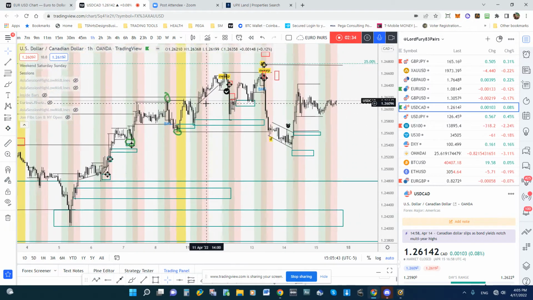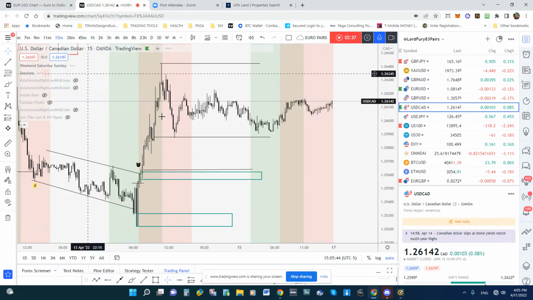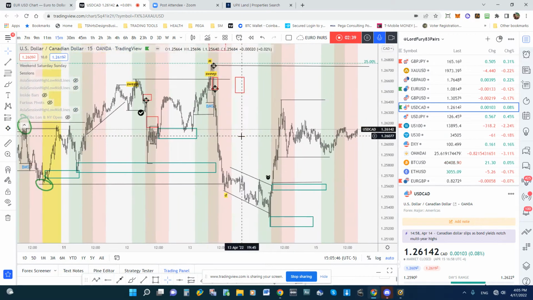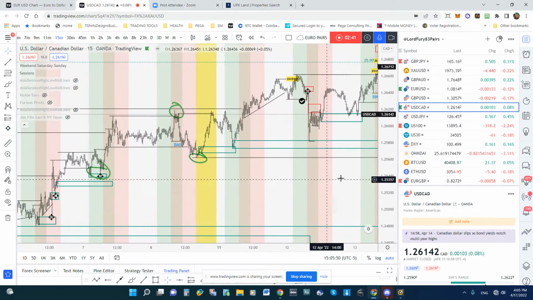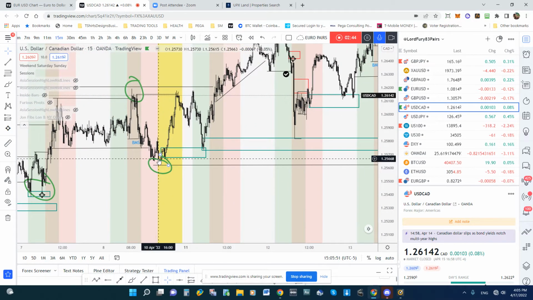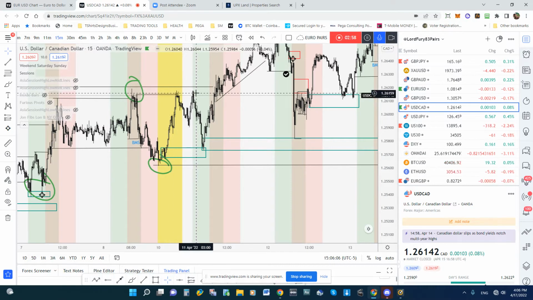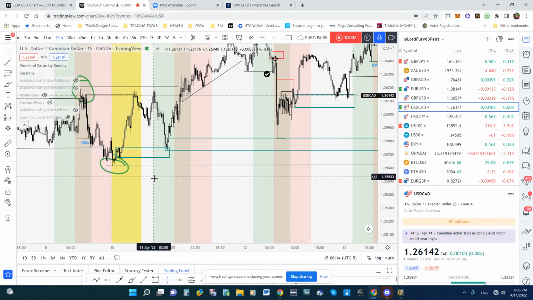Let's look at what transpired during the week. On Sunday we opened at 5 p.m., came over here, failed to break the high, but did create a couple of equal highs, solidifying the liquidity over here. We can see how the market shifted in this area.